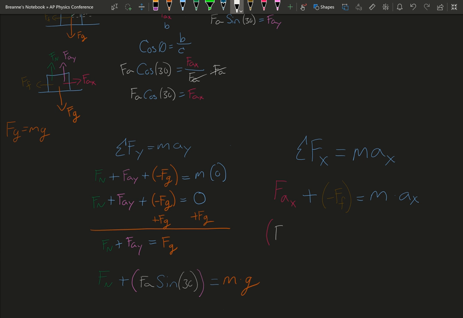So we know that our force applied in the x, and how we're getting that information is basically up here. Yeah, we'll do that in the right color. Sorry.